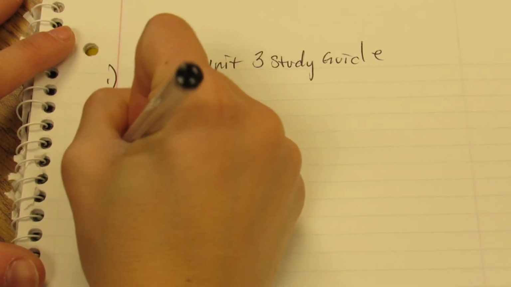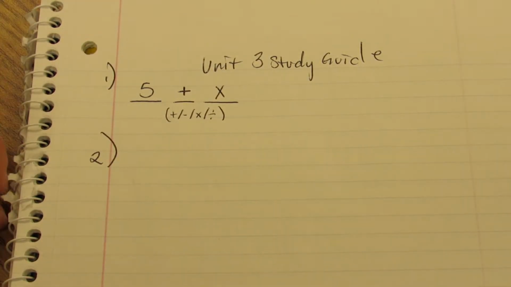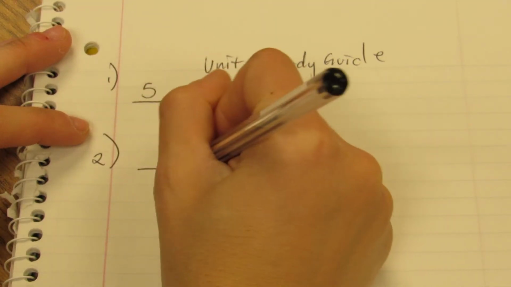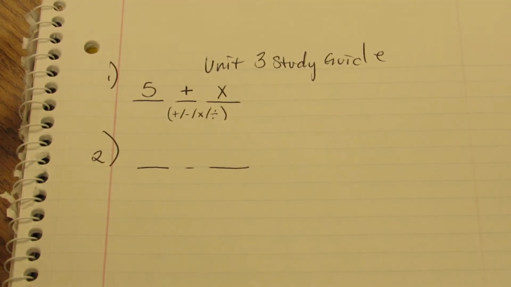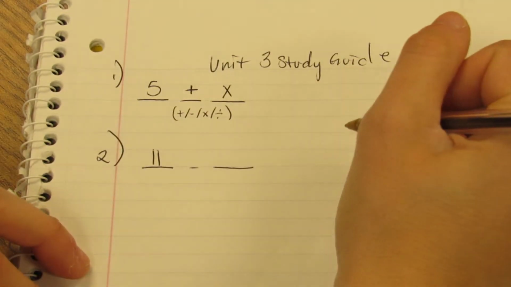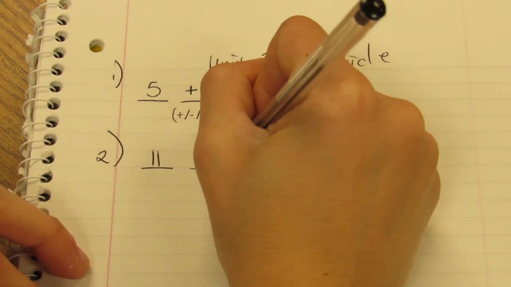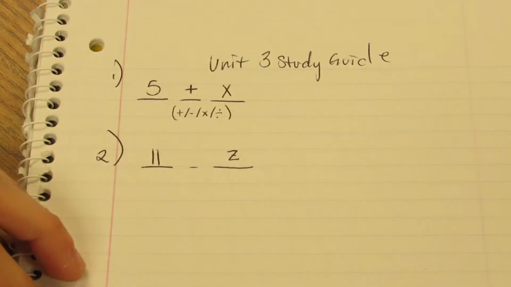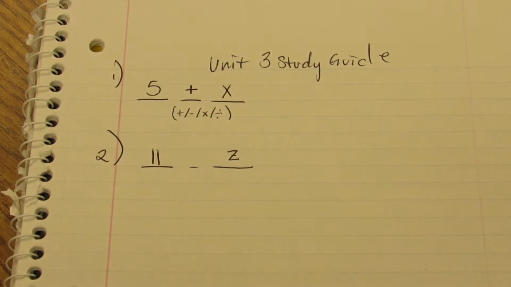Okay, number 2, it's basically the same thing as number 1. However, you have a different keyword. So again, I'm going to set it up. I've got the product of 11 and a number z. My first term is 11, and my second term is some number, which we can represent as z. Then it says product.